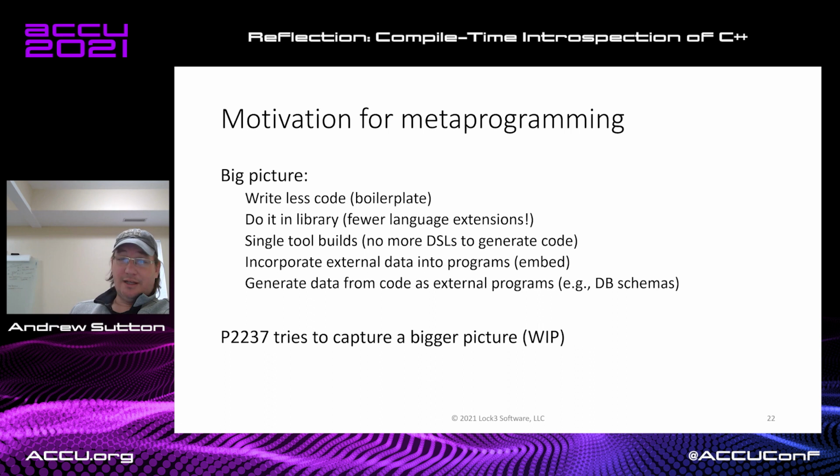So generally, we want to write less code, write less boilerplate. If we can just have facilities that just work for our data types, that's great. Especially if I don't have to write any weird macros that repetitively redeclare things, that's even better. We want to be able to do more in library. We don't want to write as many language extensions.